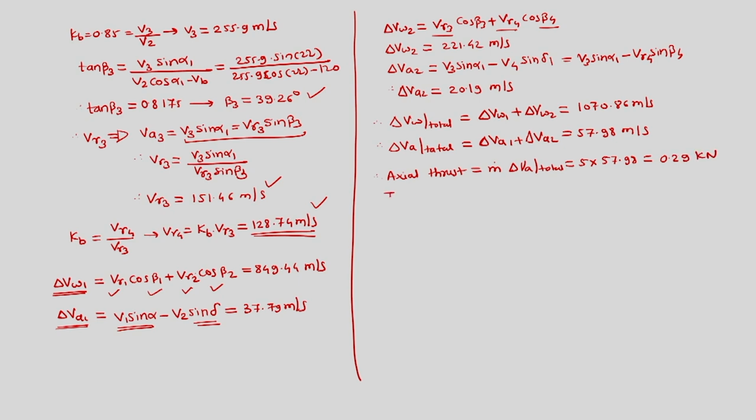Similarly, we can find the power developed, and this is m dot delta VW total into VB. So this is 5 into delta VW 1070.86 into VB, which is 120.